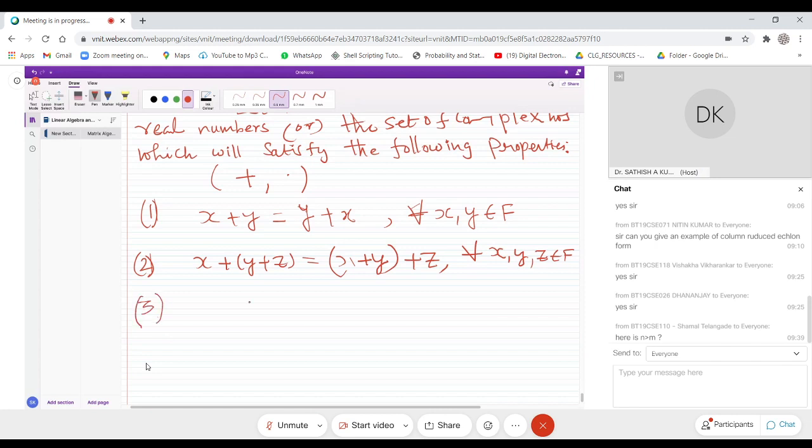And then the real number 0 exists. So there is a number 0 in F such that x plus 0 is x for every x in F. Because 0 is there in the real line, this is possible. And for every real number there is a negative number also.